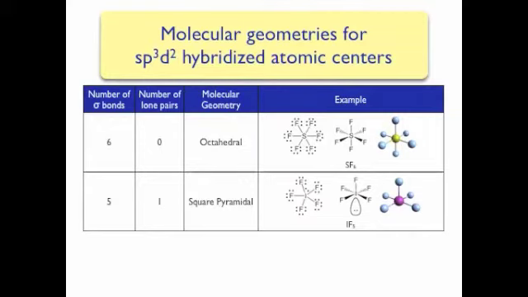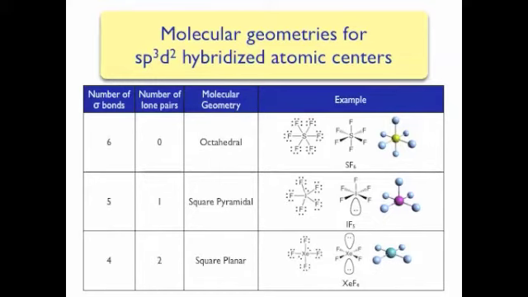If an atomic center has 5 sigma bonds and 1 lone pair, the molecular geometry will be square pyramidal. Iodine pentafluoride is an example of a square pyramidal molecule. Note that 1 lone pair occupies a hybrid orbital that is below the plane of the molecule.